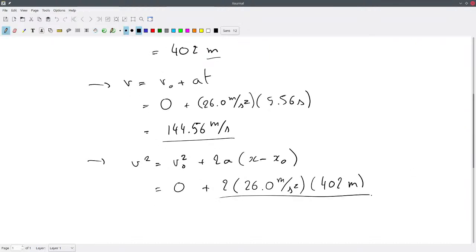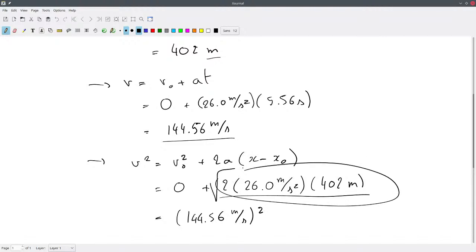So if we multiply these two together, we'd find something that is also 144.56 squared meters per second squared. So that is again another way that we would find that. We would take this product here, take the square root of it, and we would find 144.56 meters per second. So that's another approach which we could have used to calculate that velocity.